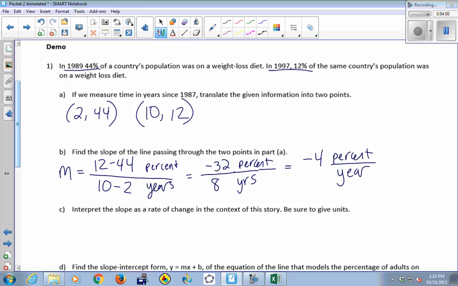What does that mean? Every how many years? One year. Yeah. Each year, 4% fewer people in this country are on a diet.